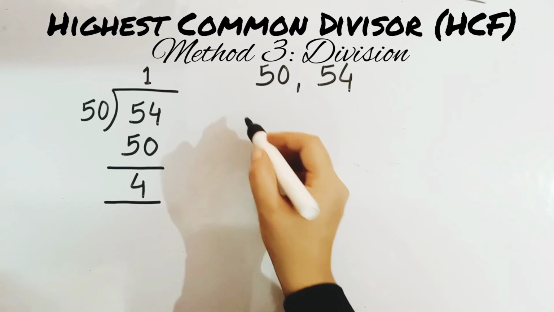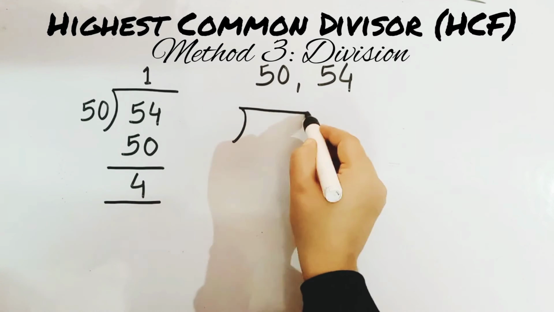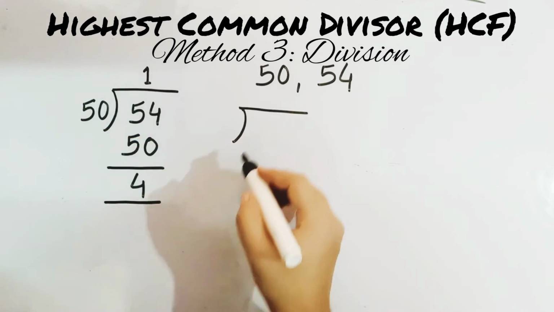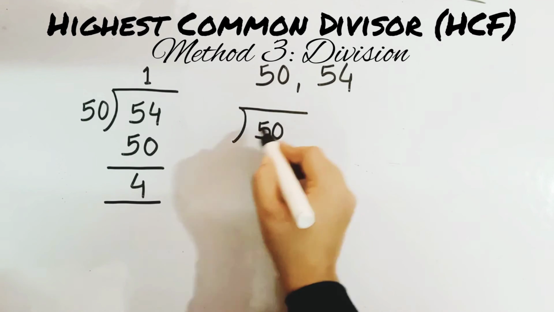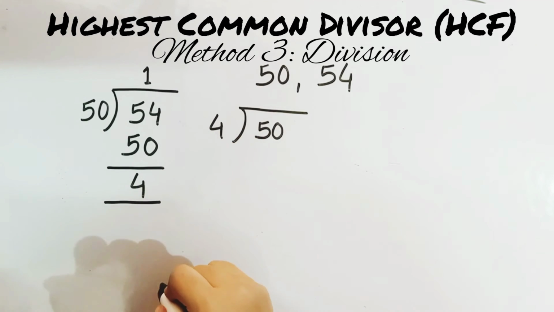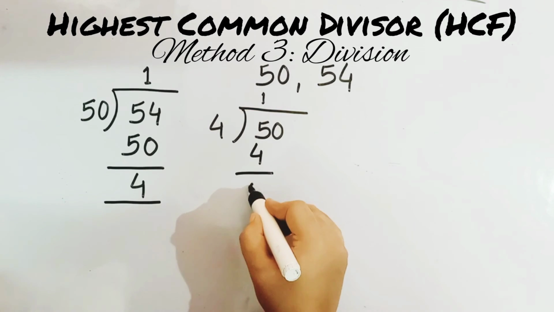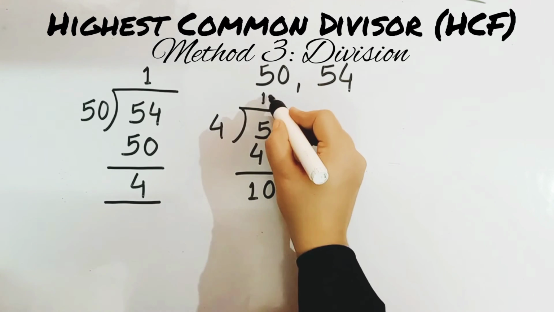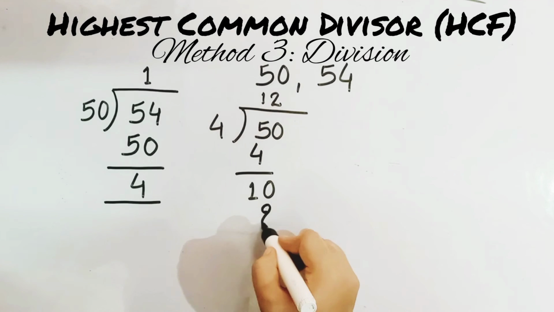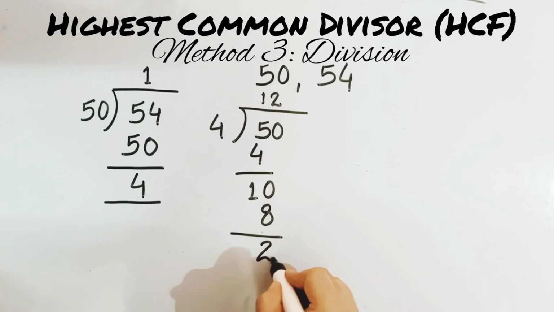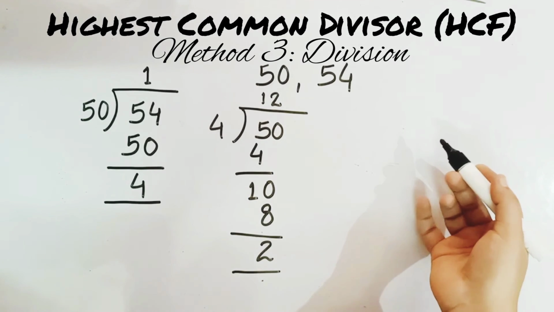So again we repeat the division with the divisor and remainder. 50 will be here and 4 will be here. 4 one time is 4, remainder 1, copy 0, 4 two times is 8 and the remainder will be 2.